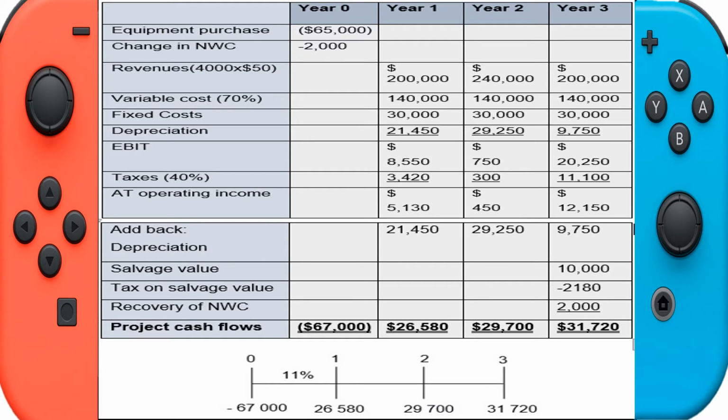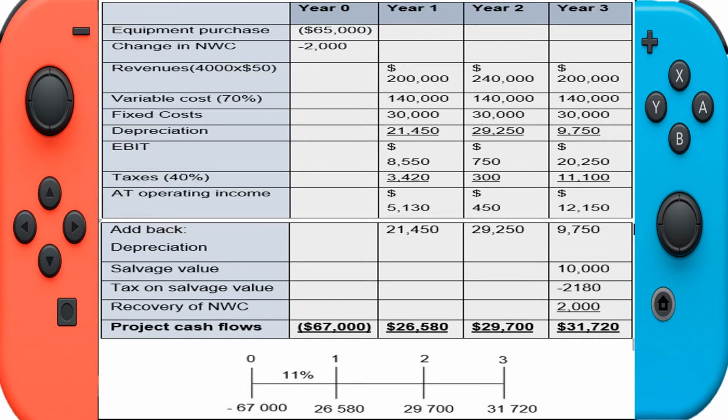Greetings, trainers! The annual net cash flow is the amount of cash generated by the company over a period. It also refers to the difference between cash inflows and outflows of the business, an increase or decrease in cash and cash equivalents.